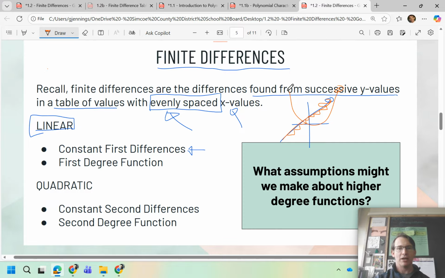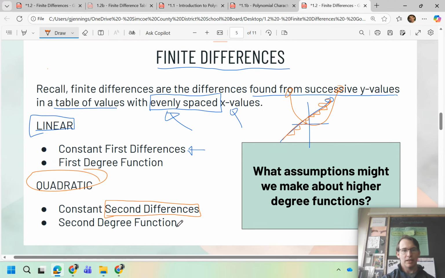With a quadratic, on the other hand, you remember the step pattern goes over 1 up 1, over 1 up 3, over 1 up 5, and the rate at which the quadratic was changing was always changing. So that's why we did not have constant first differences with quadratics, but we do have constant first differences with linear functions. With quadratics, we found we had constant second differences. That's going to connect really nicely for you in calculus next year, where you're thinking that the rate at which a quadratic is changing is constant.